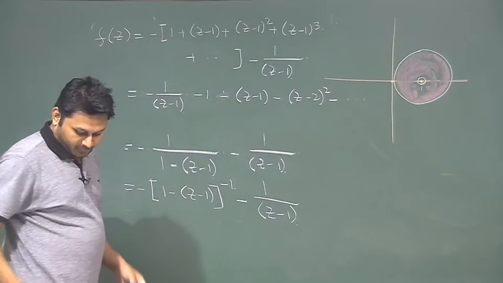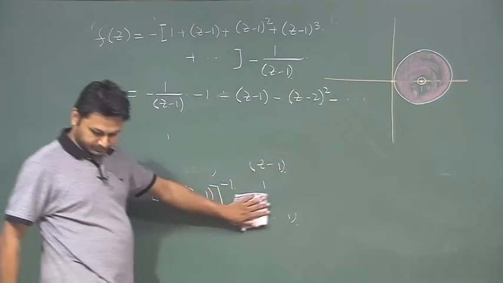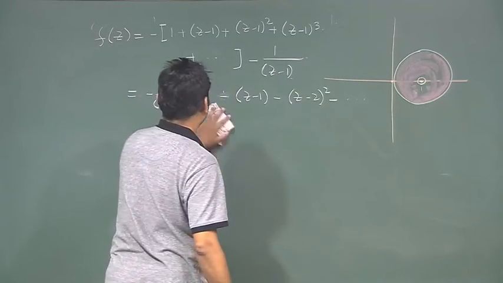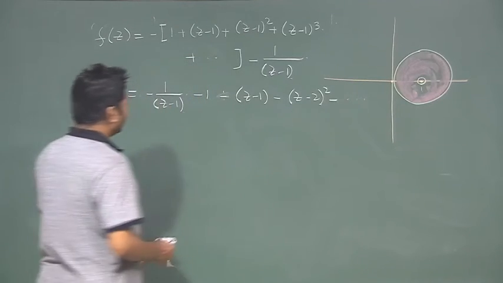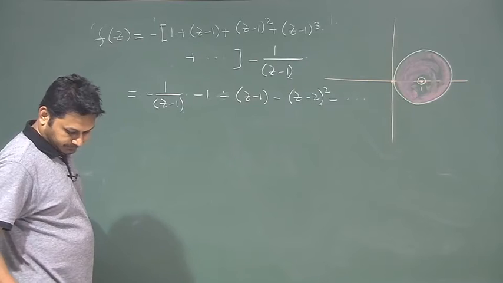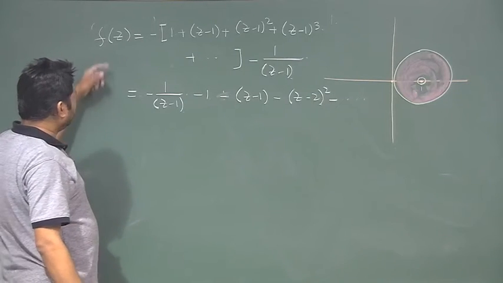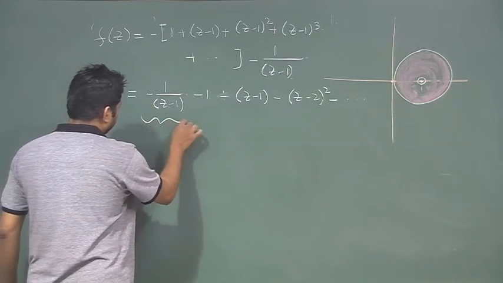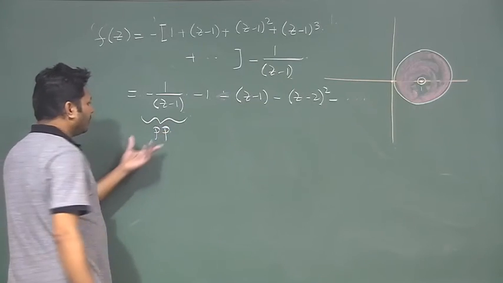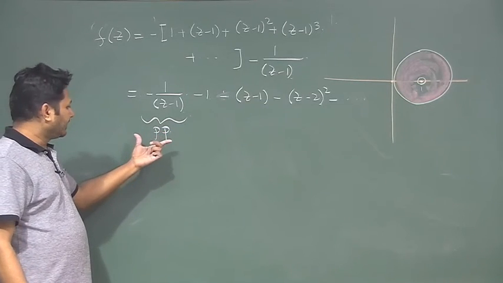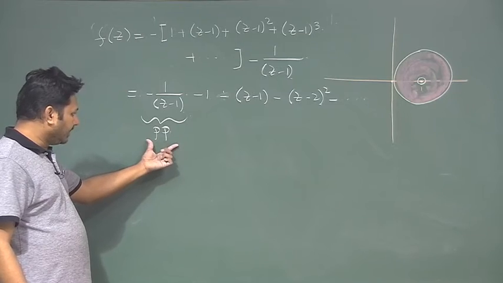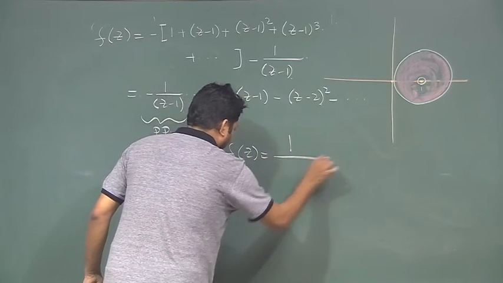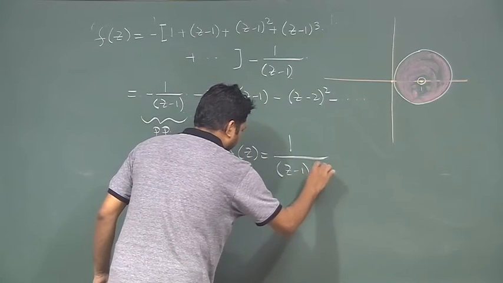So this particular form seems to be two parts. One is this part, which we call the principal part, with only one term in this principal part. And if you remember, this is a simple pole, because my function was z minus 1, z minus 2.